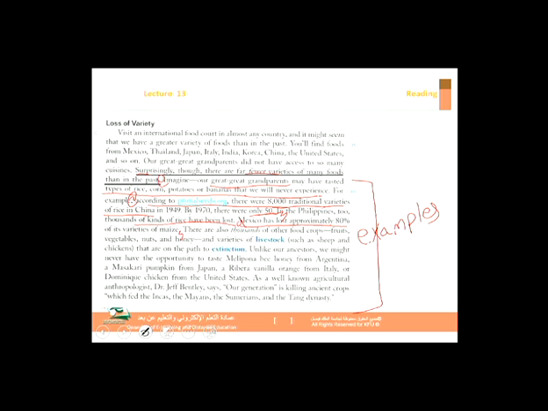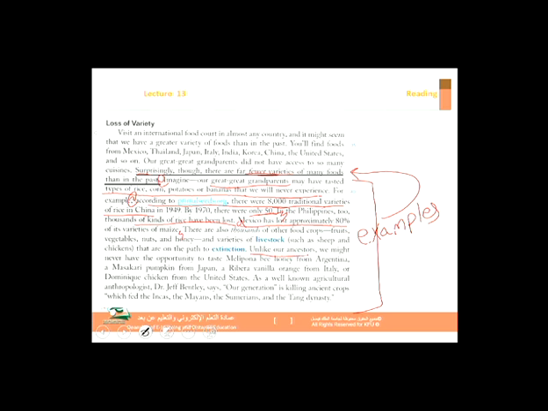You see? So we have only examples. These are not general ideas. They all give examples of this sentence. So that tells us that this is the main idea, because the rest of the sentences give support to this sentence. As you read, you have more examples.